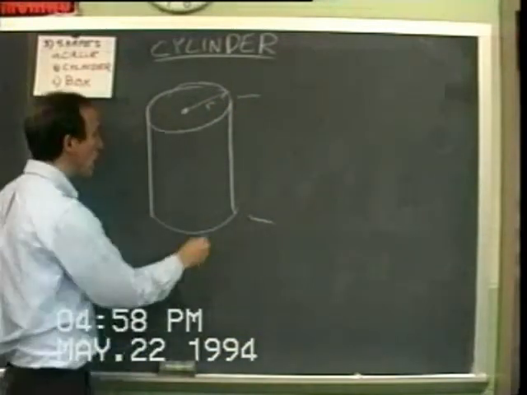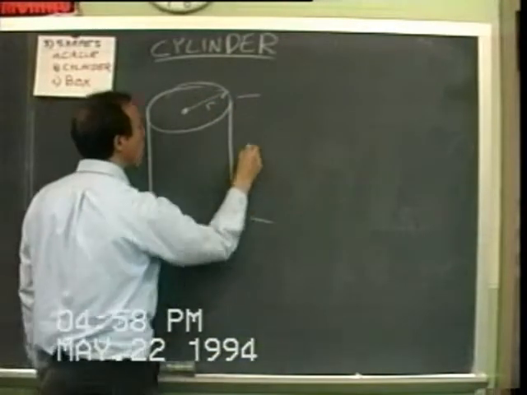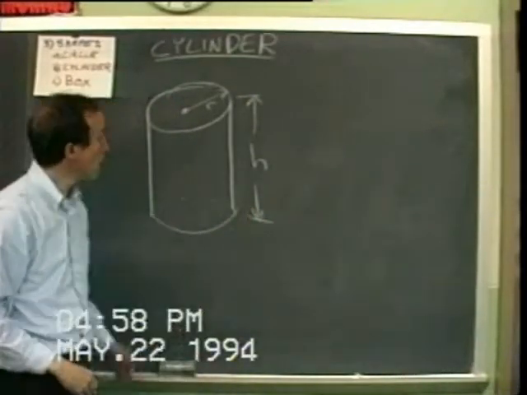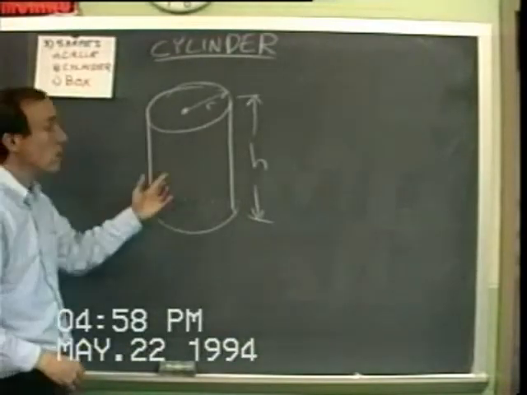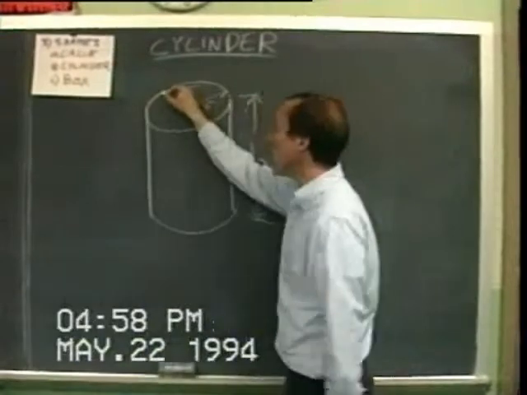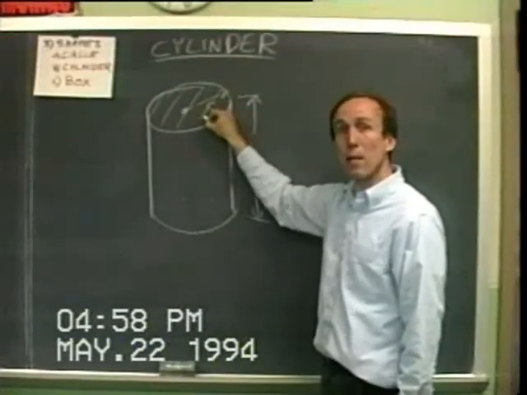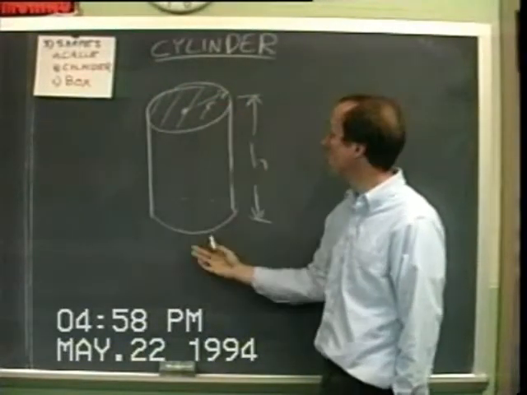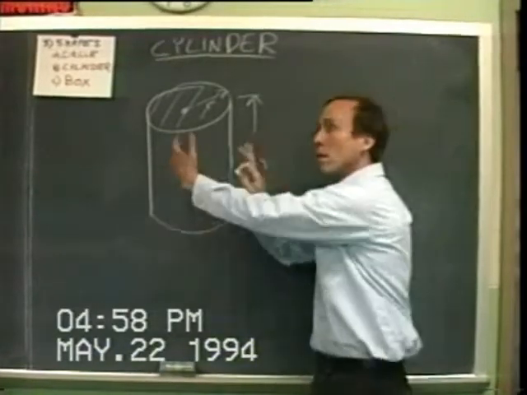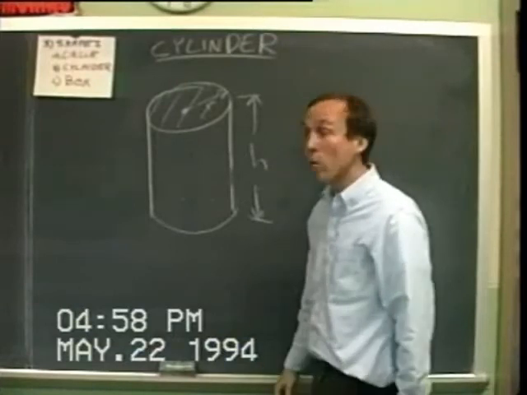Same kind of circle on the bottom. And a height or a length. We can talk about the surface area of a cylinder. It'll be the total outer surface area: the area of this top plate, the area of this bottom circle, and then the area of the cylindrical portion itself.